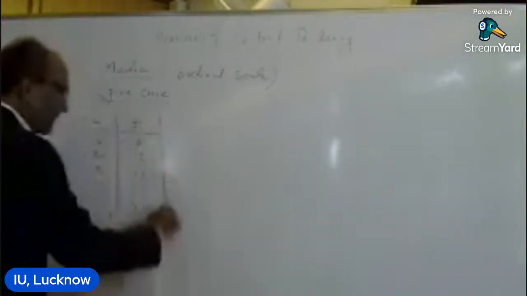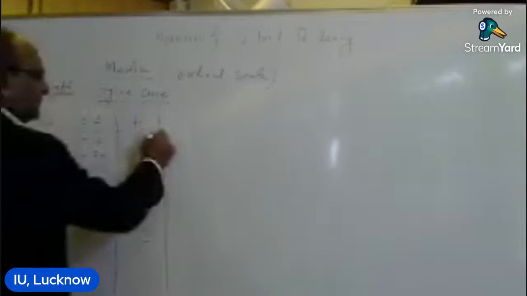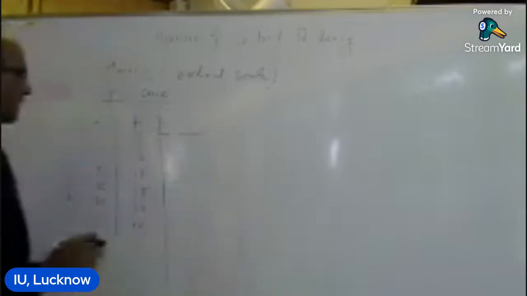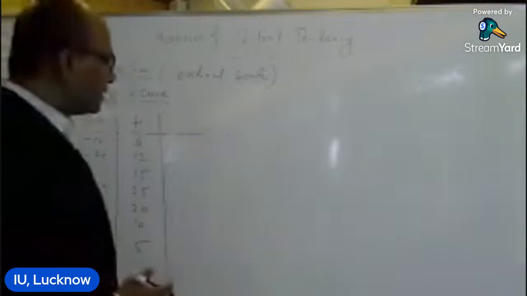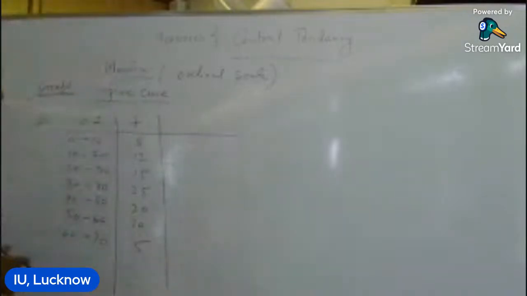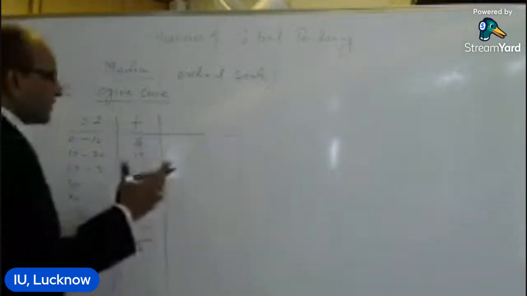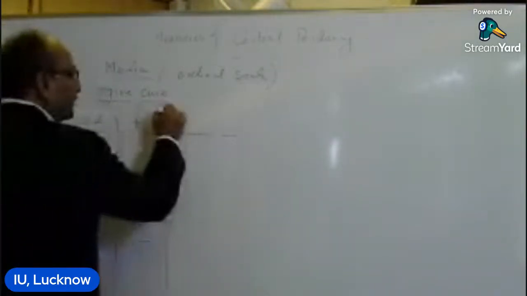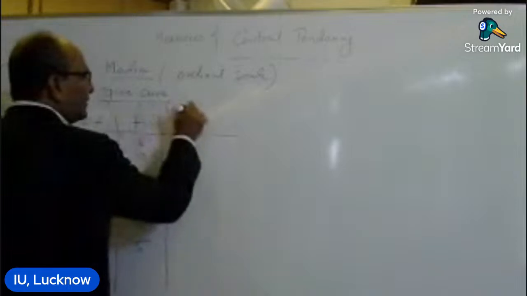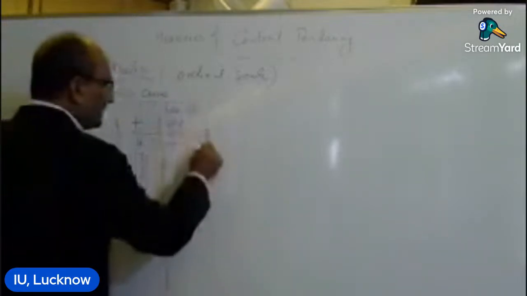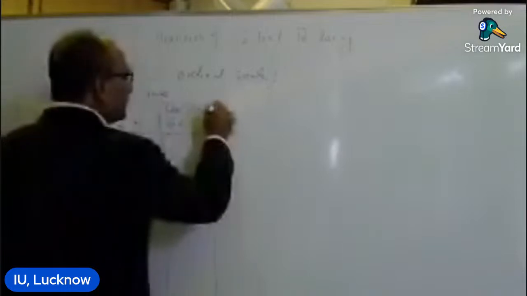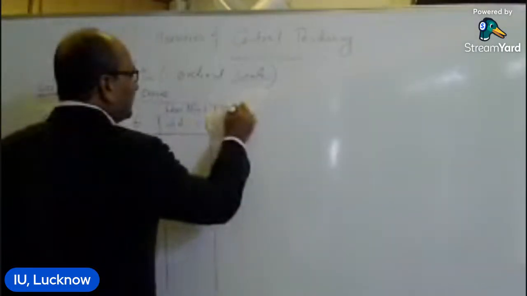frequency. So we have two types of cumulative frequency. As we used earlier, that is known as the less than type cumulative frequency, and the other is the greater than type cumulative frequency. So there are two types of cumulative frequency. First is the less than type, and second one is the greater than type.